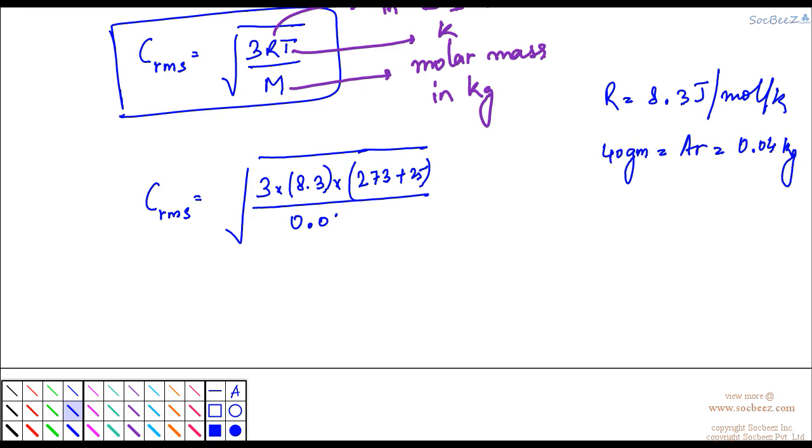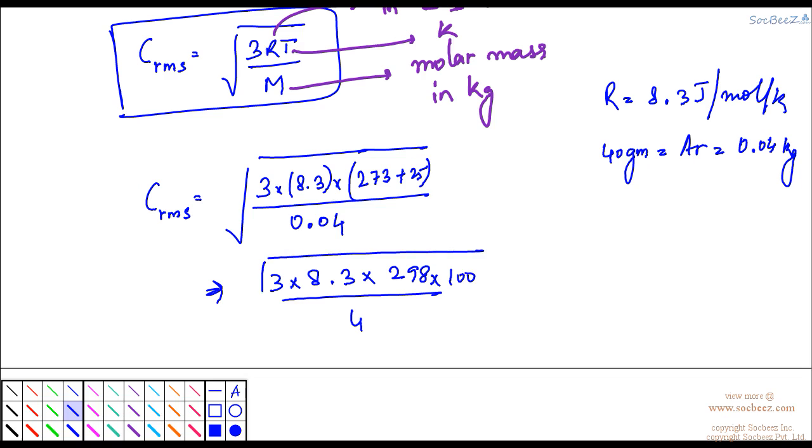So we can substitute it. If we calculate it, it will come out to be the square root of 3 into 8.3 into 298 divided by 4 into 10 to the power minus 2, which would come equal to 430.7 meters per second.